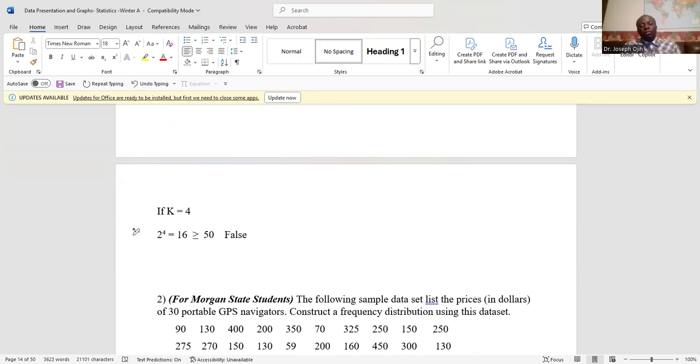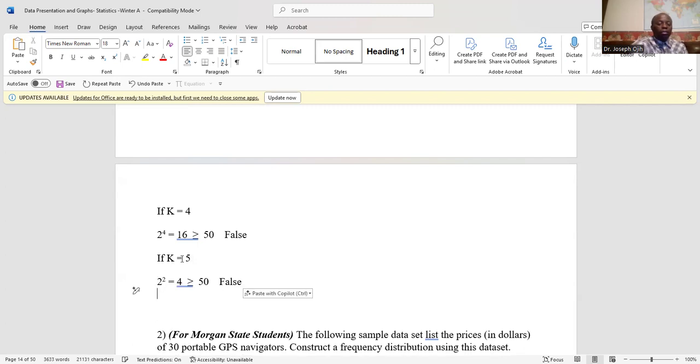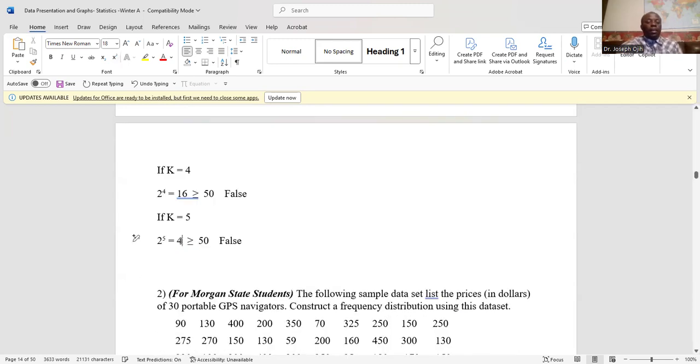2 times 2, 4, 4 times 2, 8, and 6, which is not greater than 50. So you can use that. Okay? And let's try K equals 5. Let's make it 2 to the power 5.